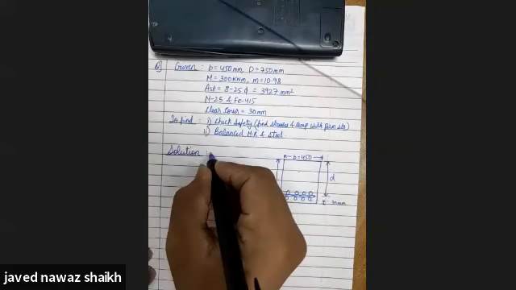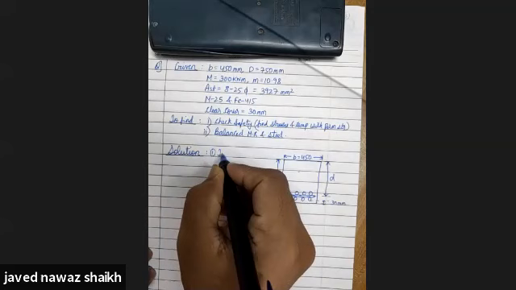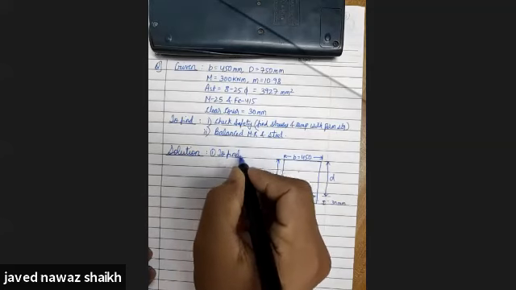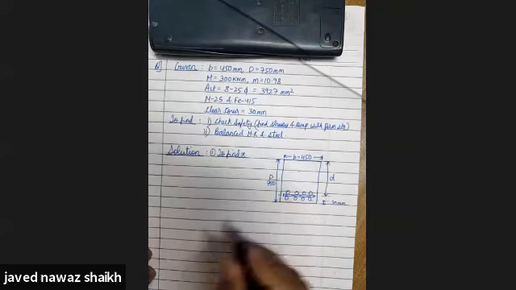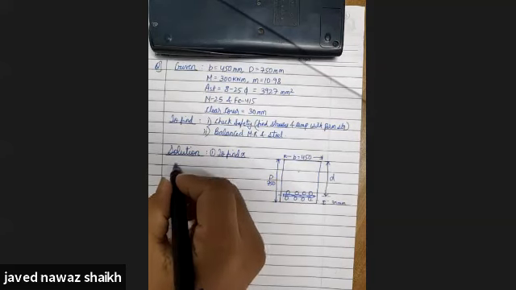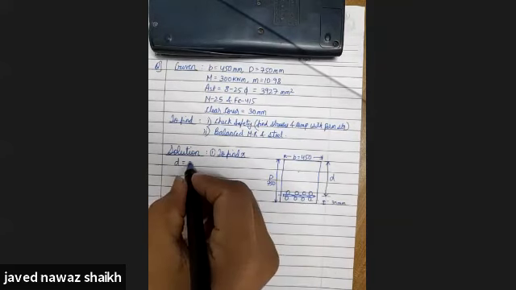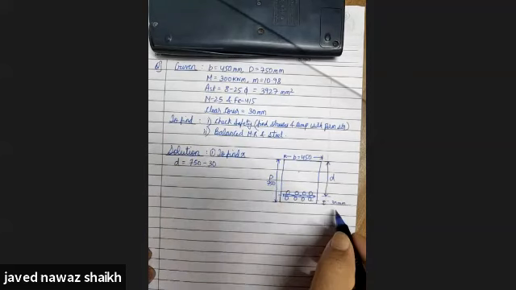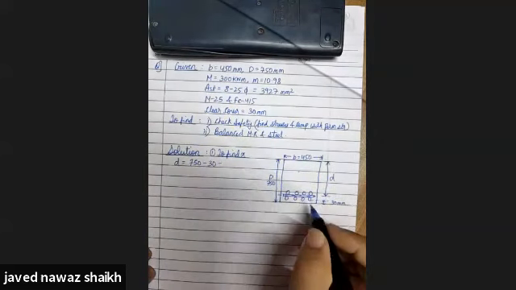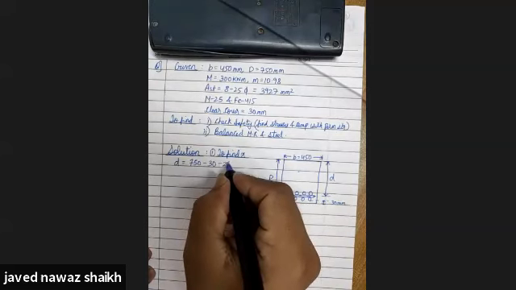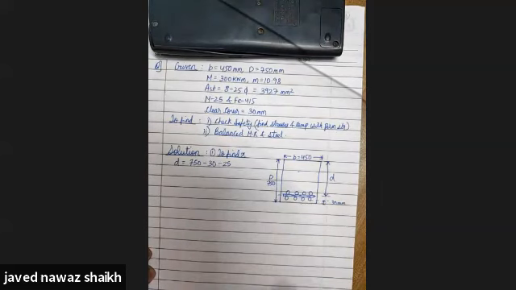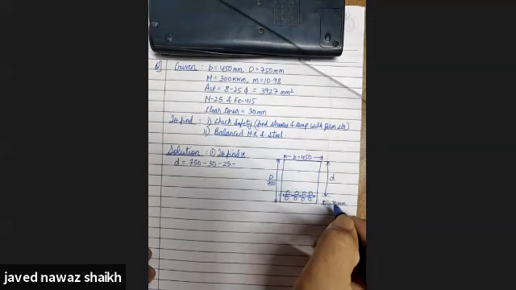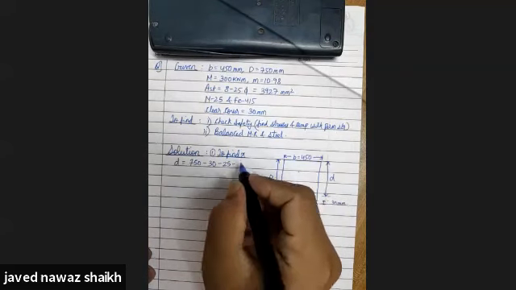The first step is again to find X, but before that, we'll find out the effective depth. So effective depth is given by total depth minus clear cover 30, minus the diameter 25, minus the separator bar diameter, we will take it as 25.